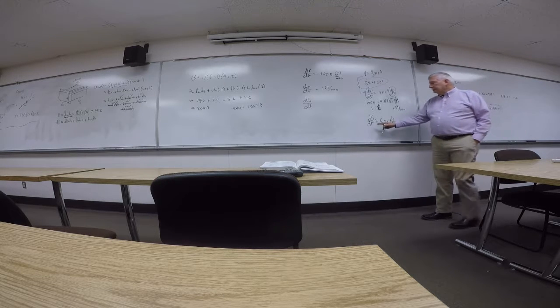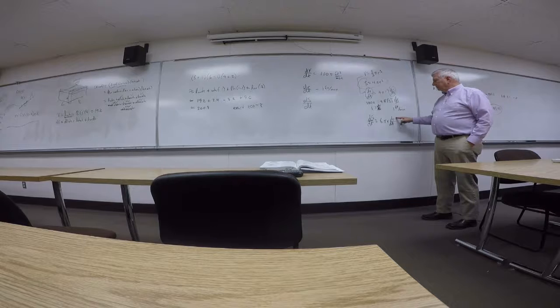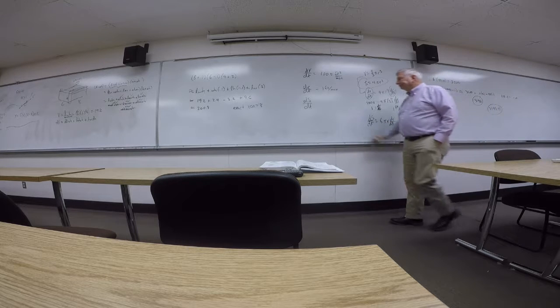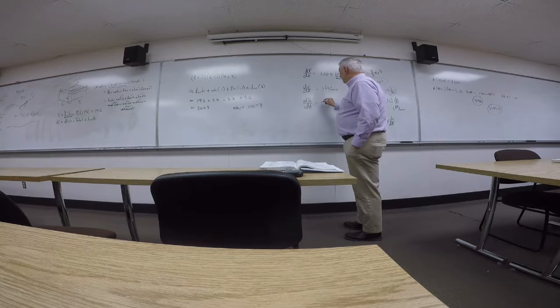We know dr/dt is 1. We know r is 5. 5 times 8 is 40 pi. 40 pi feet squared per minute.